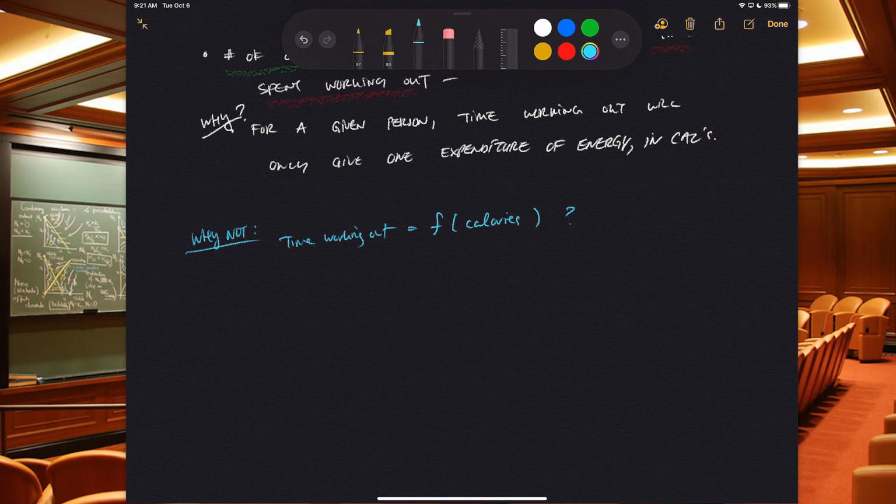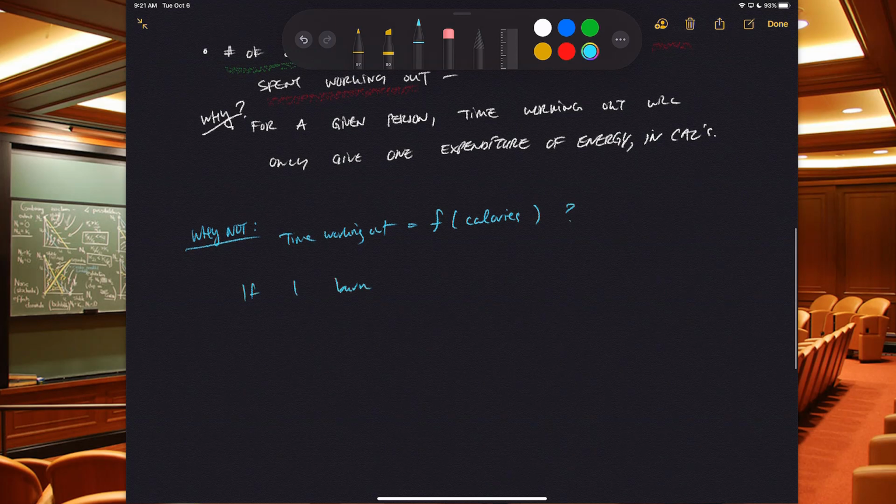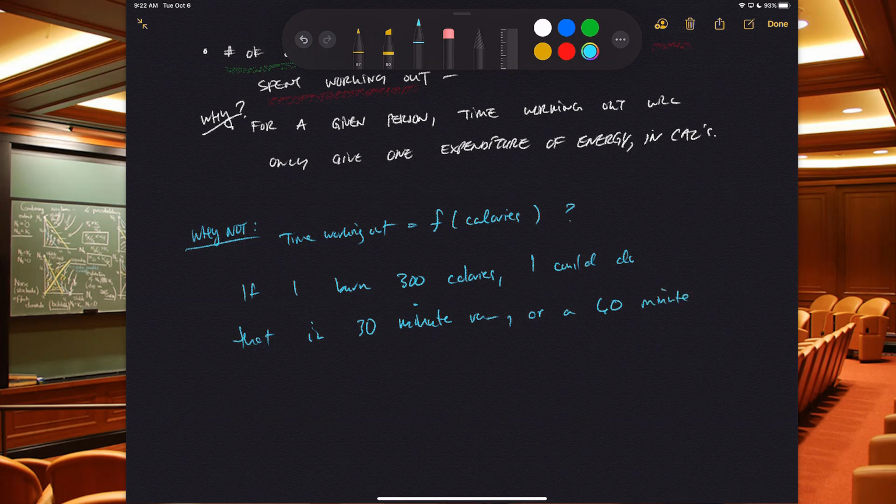Well, I see one obvious reason, which is that if I burn 300 calories, I could do that in a 30-minute run or a 60-minute run. Or there could be several other ways we could get there, right?